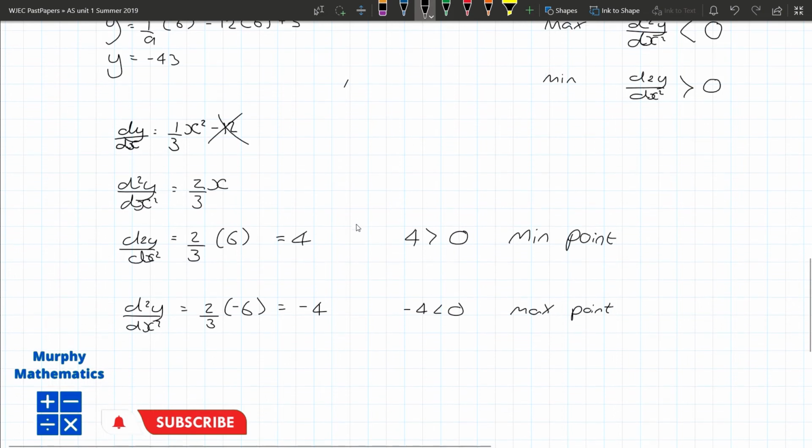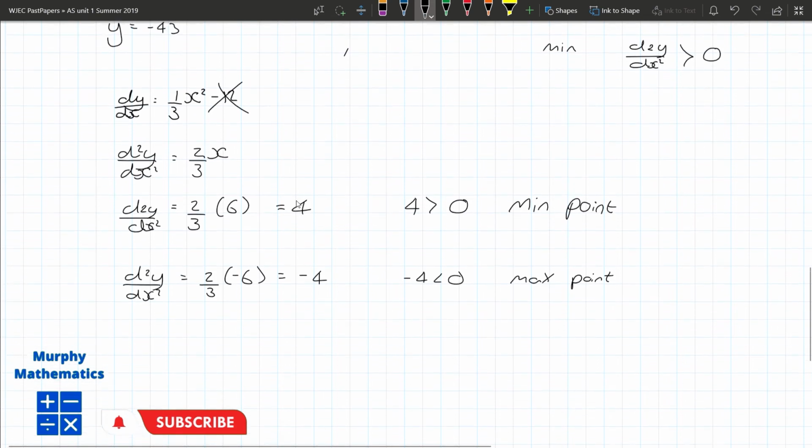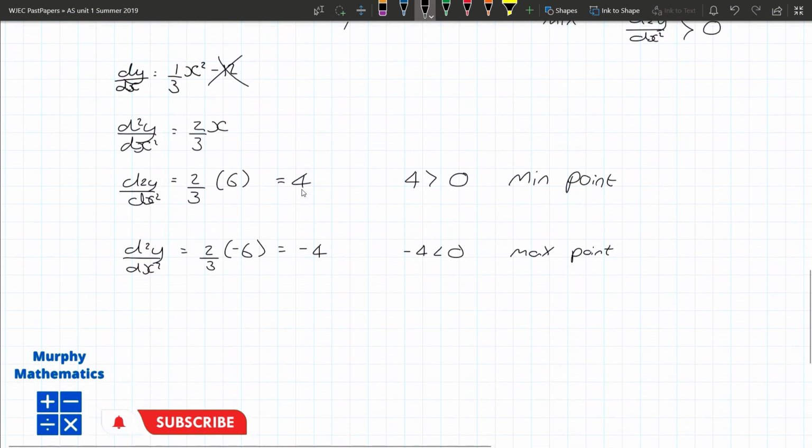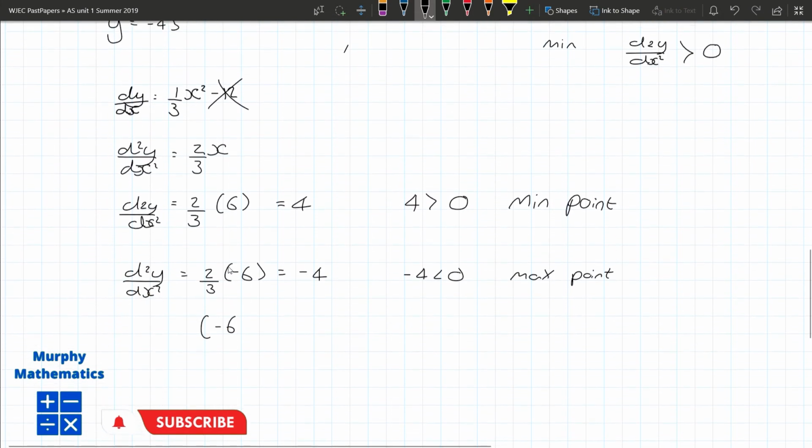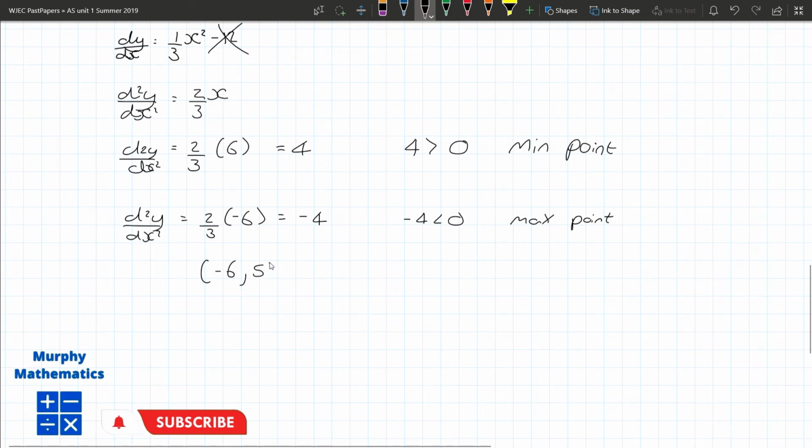Awesome. Okay, so if I write my coordinates out again, I'll have minus 6, 53, and we know that's the maximum point.